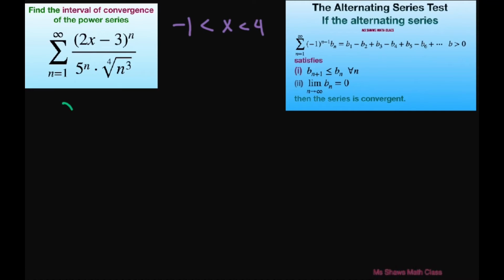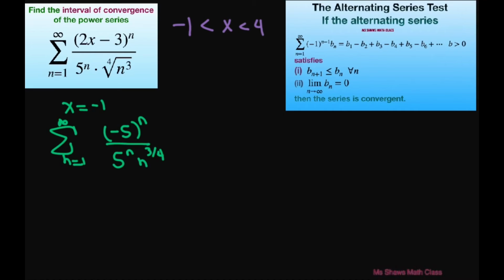So at x equals negative 1, you're going to have the sum, just substitute in negative 1. The sum from n equals 1 to infinity of (negative 5) to the power of n divided by 5 to the power of n times n to the power of 3/4.